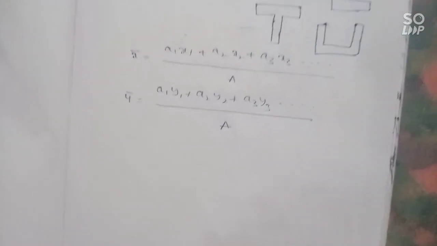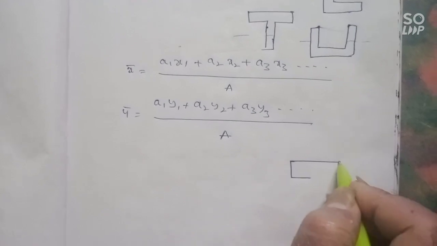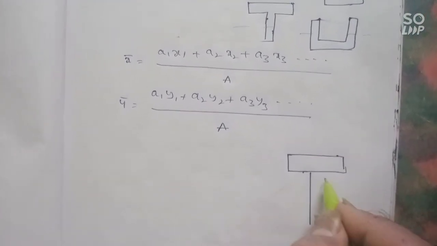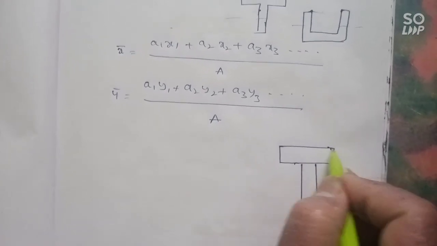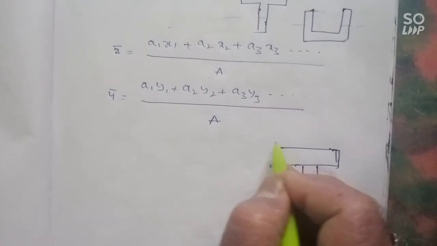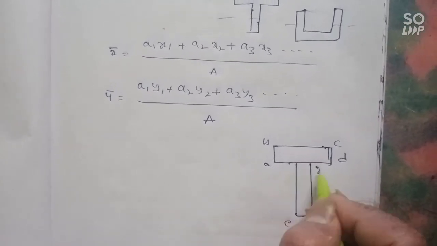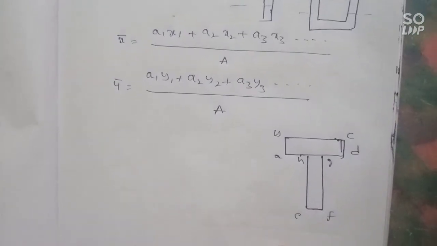So see here, suppose we consider a T section. Divide this T section into two parts, A, B, C, D, E, F, G, H. Now we have two rectangles.